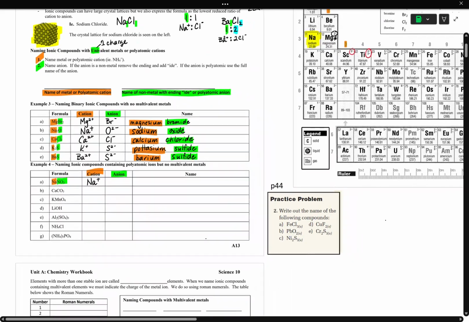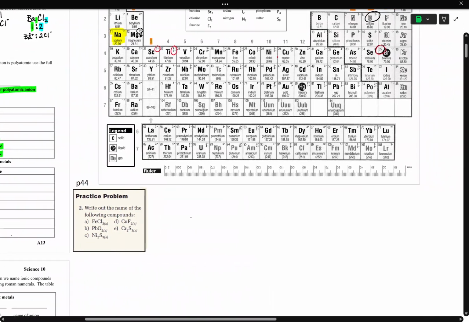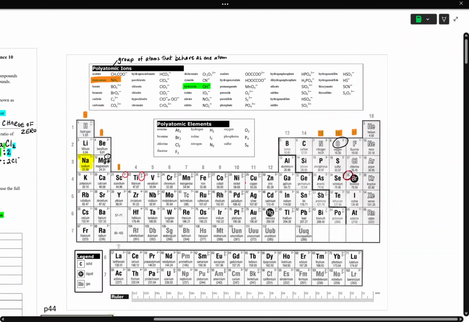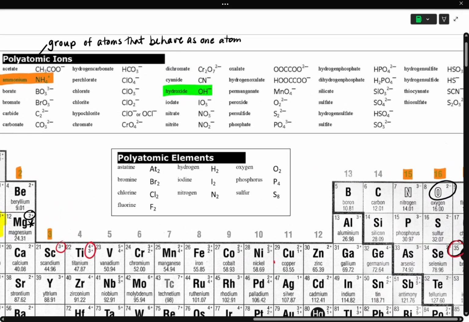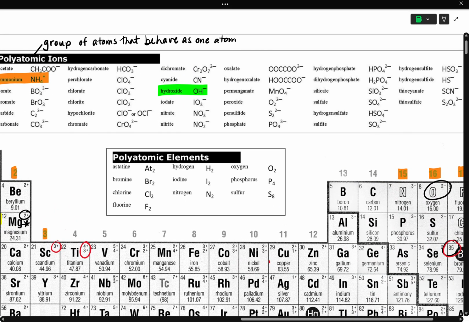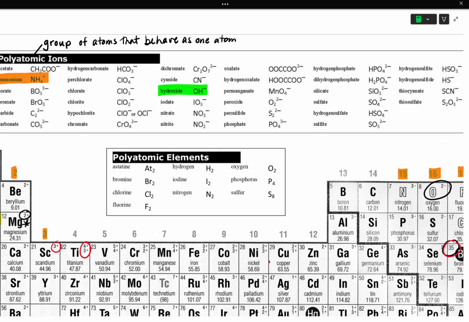So, we go to our data sheet and we look at the ones on the top here. It was NO3, I believe, yeah. So look in alphabetical order. Here is NO3 nitrate, and it's NO3 negative.